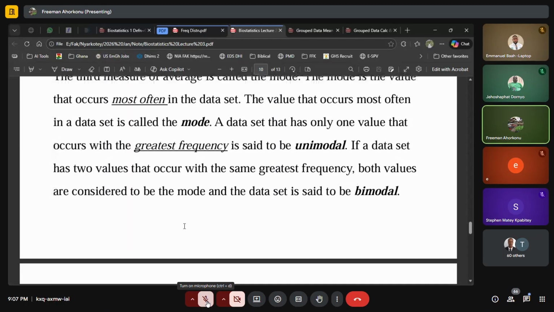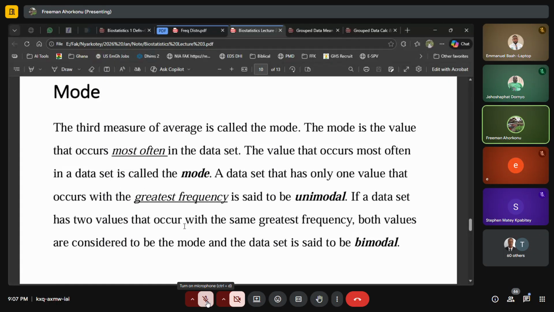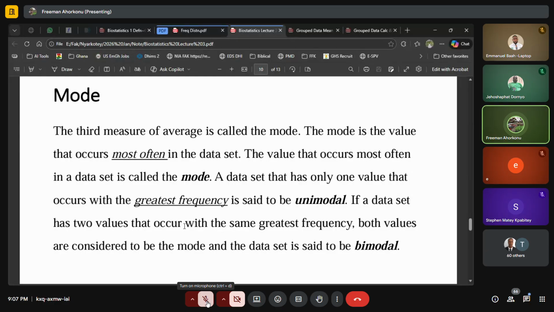So the question that somebody asked, whether we can have 2 medians, 3 medians and so on, that question is applicable here. There are instances where you have more than one number occurring most.